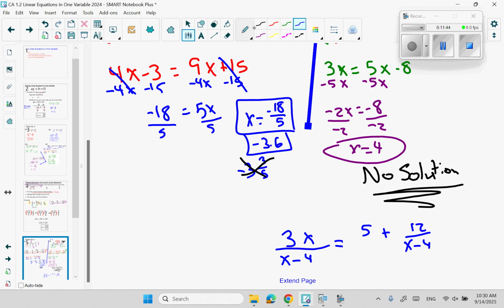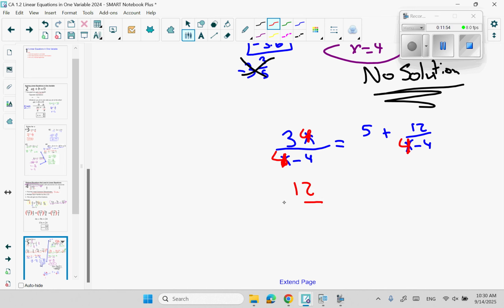And we were to plug in 4 in for this x right here. So this is 4, or this is 4, and this is 4. We get 12 over 4 minus 4, so 12 over 0. The problem is you can't divide by 0, so this creates that no solution.